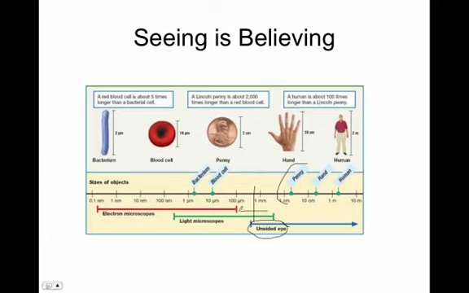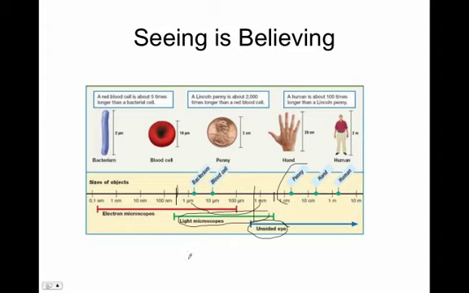The light microscope can see somewhere between less than 1 centimeter all the way down to a little smaller than a micrometer, which is 1,000th of a millimeter.